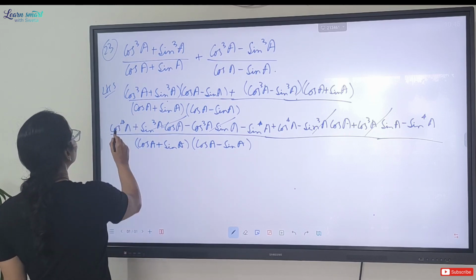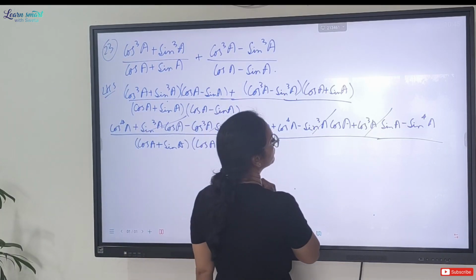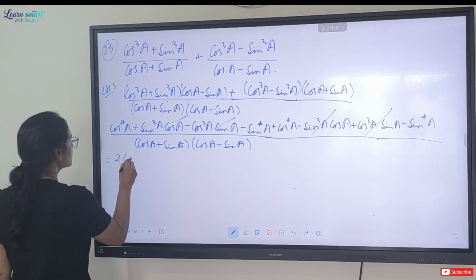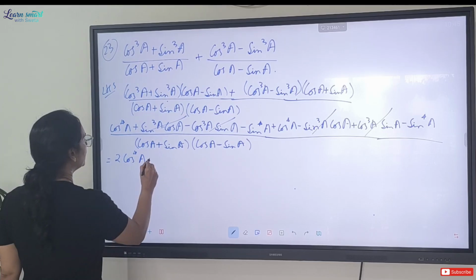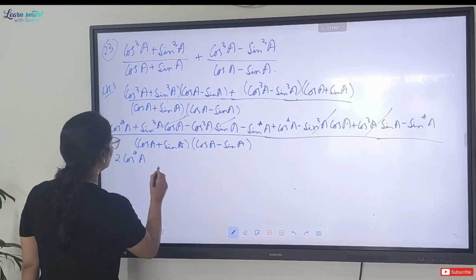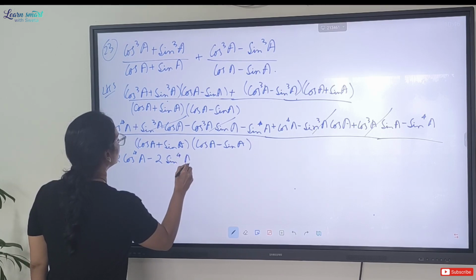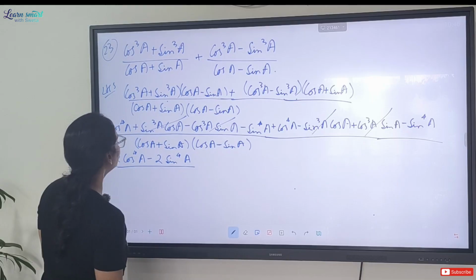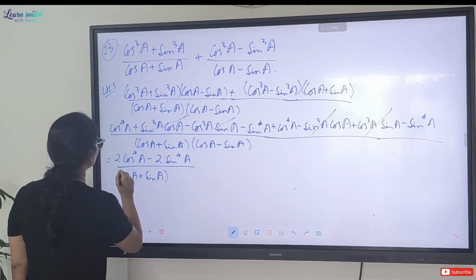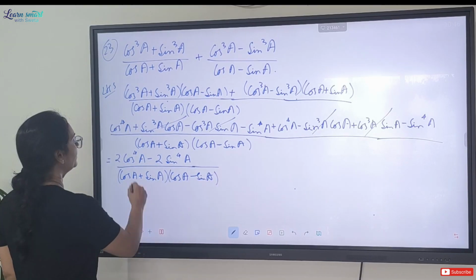So we are left with cos raised to the power 4A minus sin raised to the power 4A plus cos raised to the power 4A minus sin raised to the power 4A, which means we can write 2 cos raised to the power 4A minus 2 sin raised to the power 4A, upon cos A plus sin A into cos A minus sin A. What can we do after this?